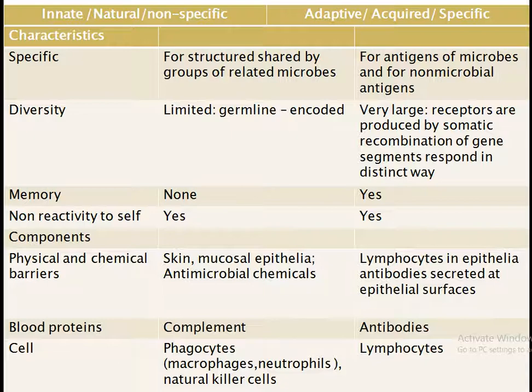Specificity: in innate immunity, we have structures shared by groups of related microbes, while in adaptive immunity, it is for antigens of microbes and for non-microbial antigens. Diversity is also there. Memory: in innate immunity, we have no memory, while in acquired immunity we have it, and so on.